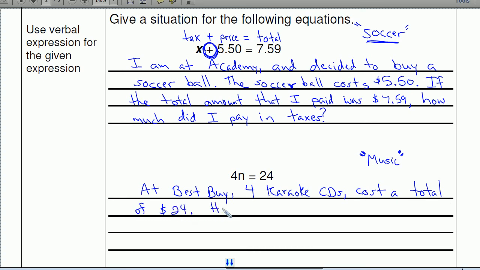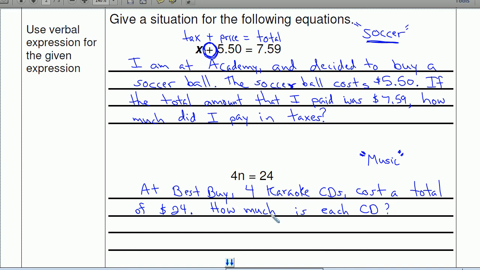And the question is going to be, how much is each CD? And that's it, because 4 is the amount of karaoke CDs and 24 is $24, right?